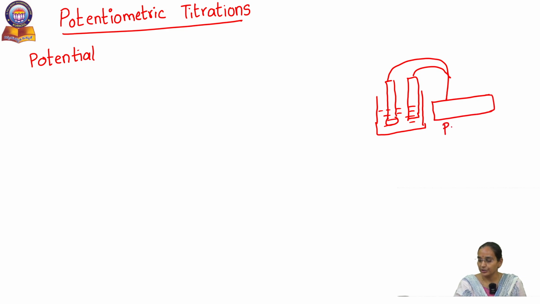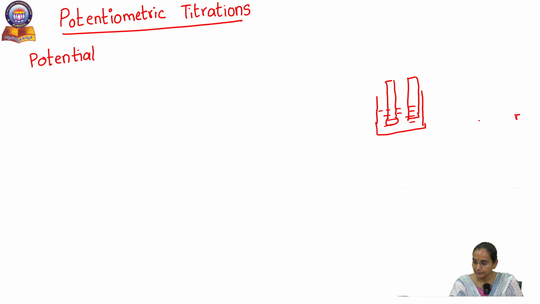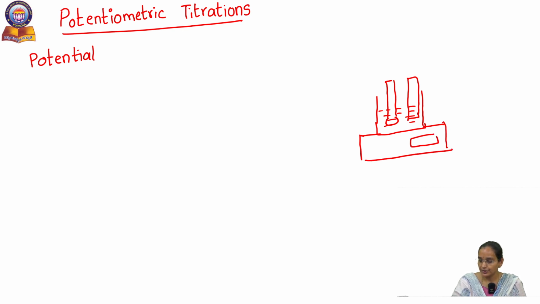This is the potentiometer, which is going to measure the potential. These 2 electrodes are connected to the potentiometer, and one other solution is taken in a burette.